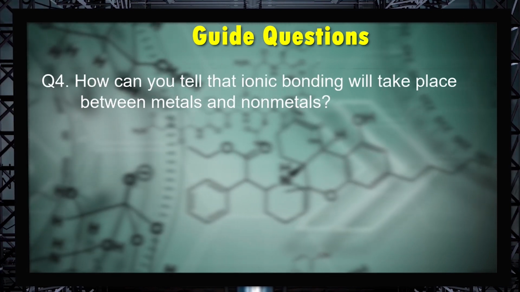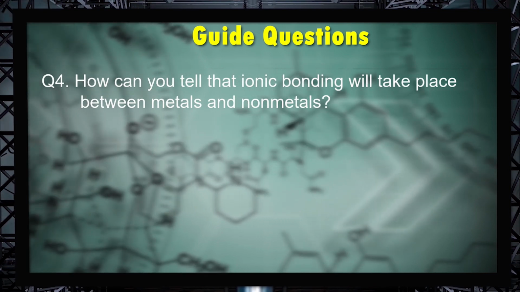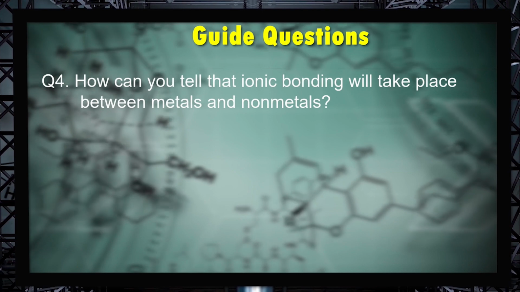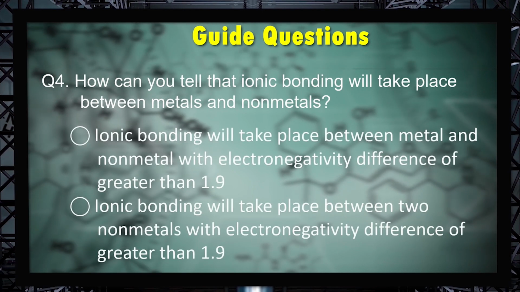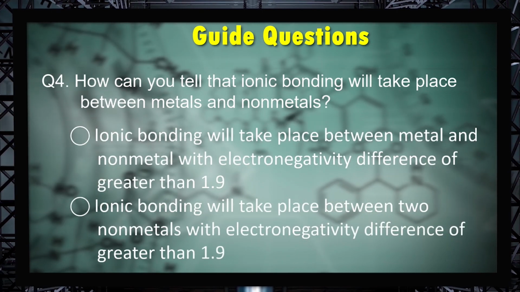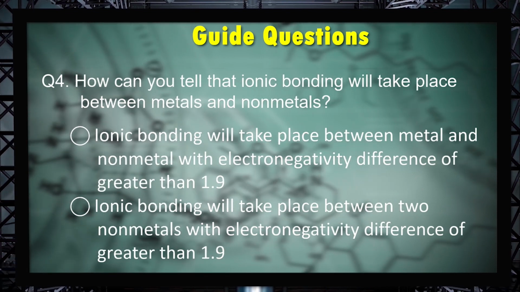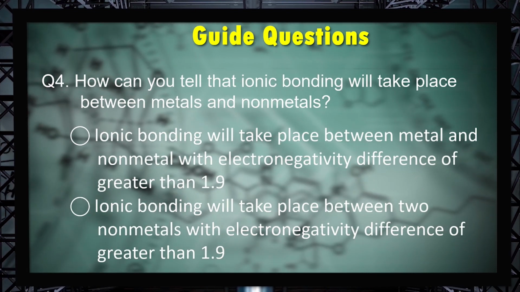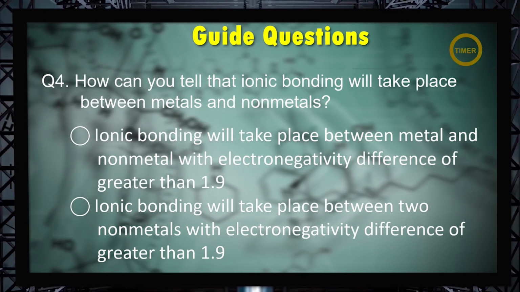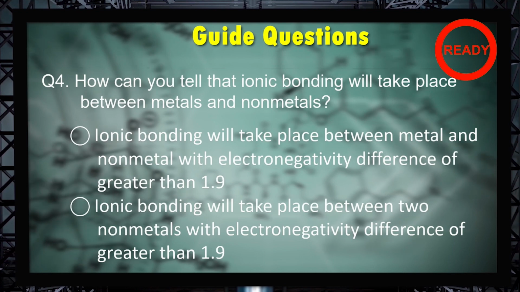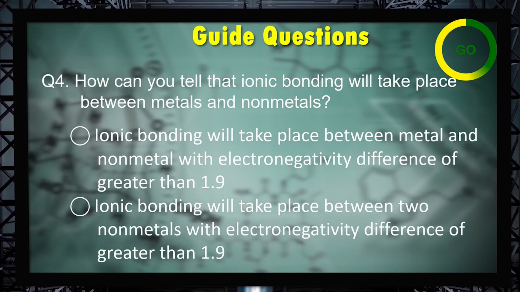Question 4. How can you tell that ionic bonding will take place between metals and nonmetals? Ionic bonding will take place between metal and nonmetal with electronegativity difference of greater than 1.9. Ionic bonding will take place between two nonmetals, electronegativity difference of greater than 1.9.